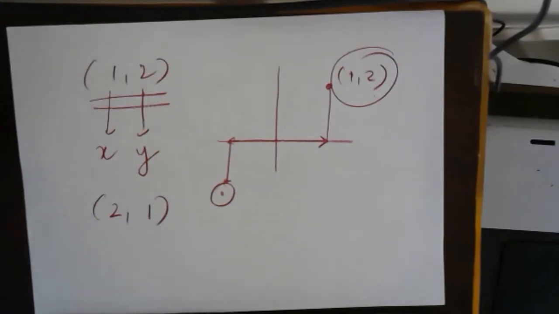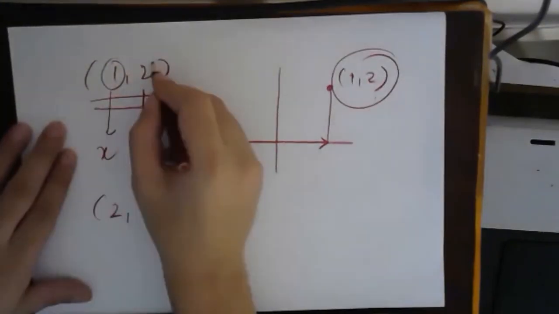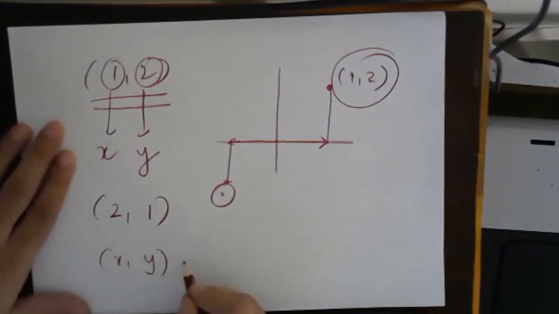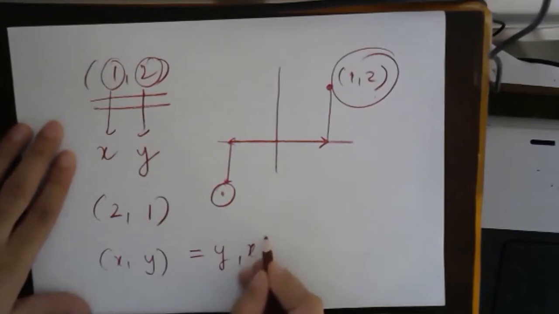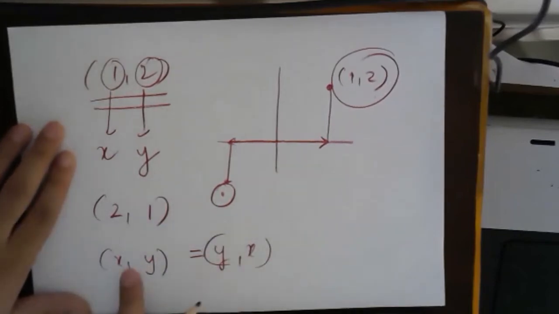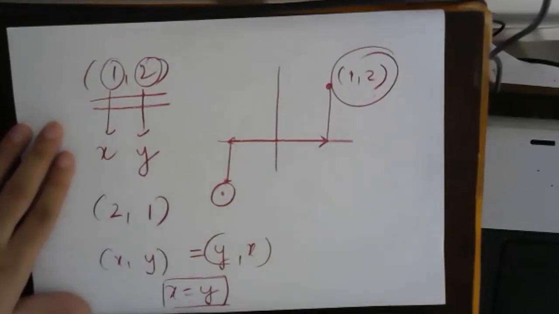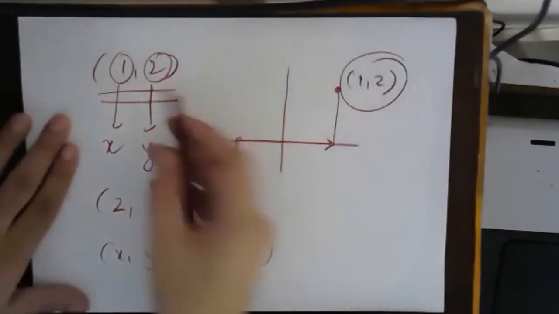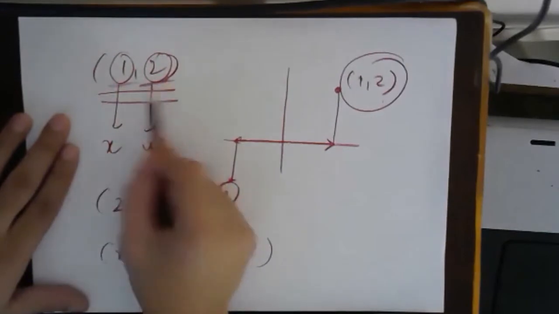If x, y is equal to y, x, that means x is equal to y only in that case. Everybody understood? Because we have seen ordered pairs before in coordinate geometry, which is the same thing. In coordinate geometry, it is understood that this will represent x and this will represent y. That's it.